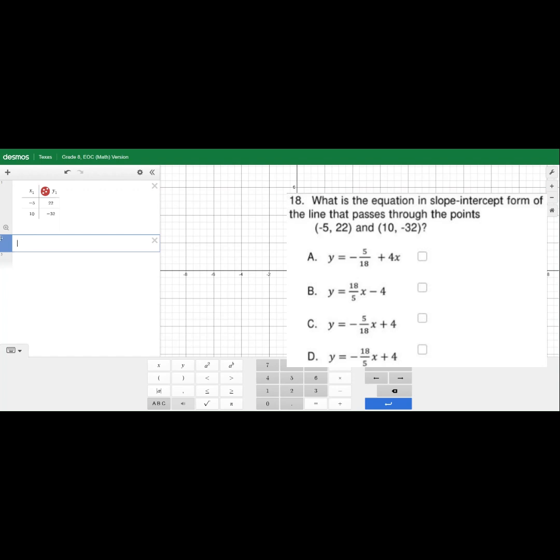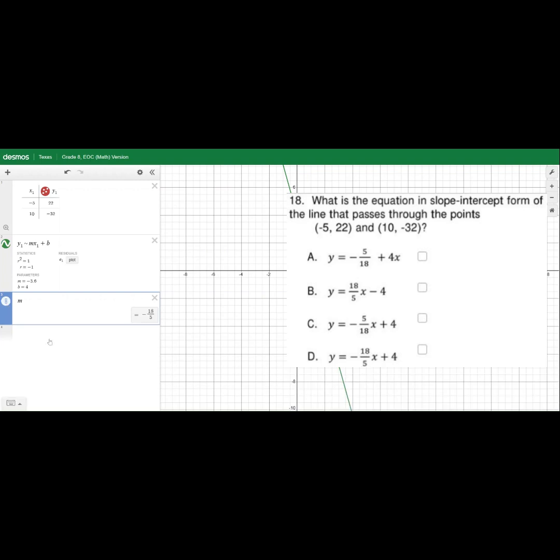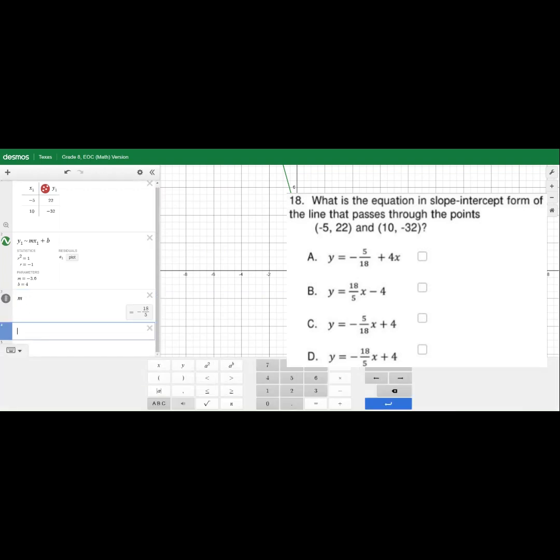Same thing, you need to memorize this, y1 ~ mx1 + b. So this is the line that was given to me by inputting this information. Now they're asking what is the equation of the line. So I'm going to write my m to verify my equation, convert this to a fraction, and my b, which is 4, is given here.